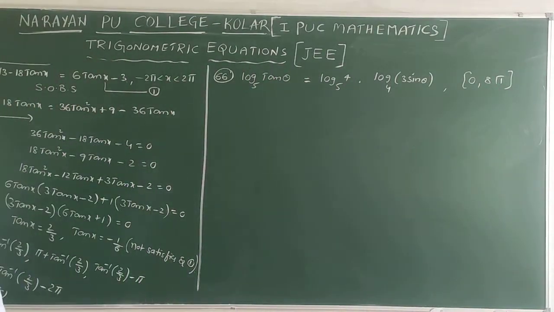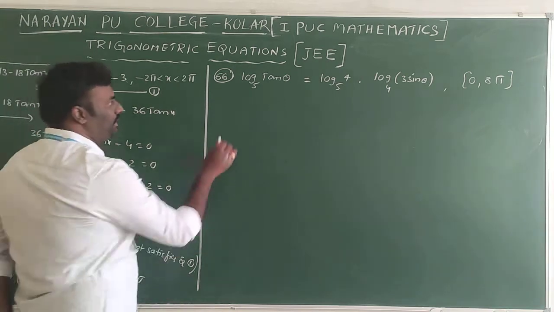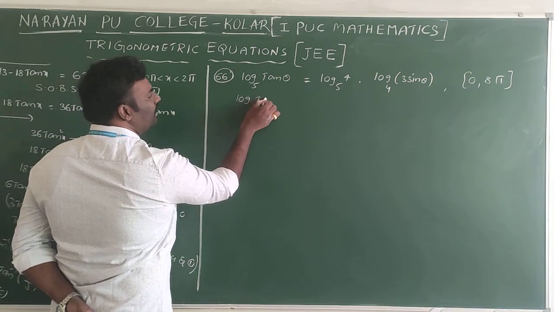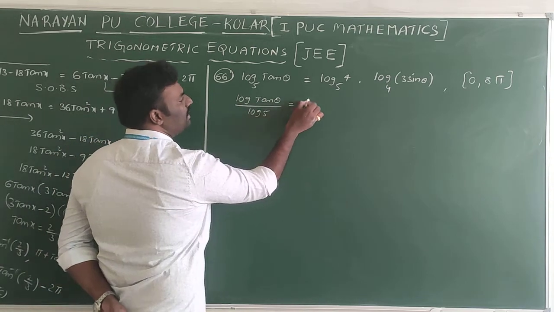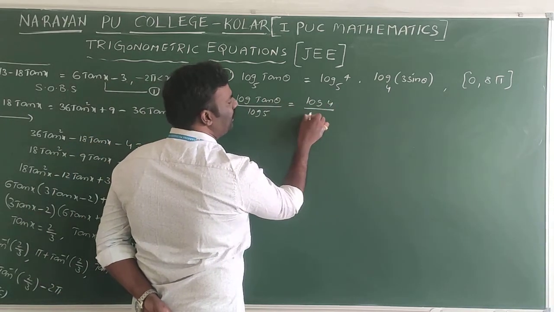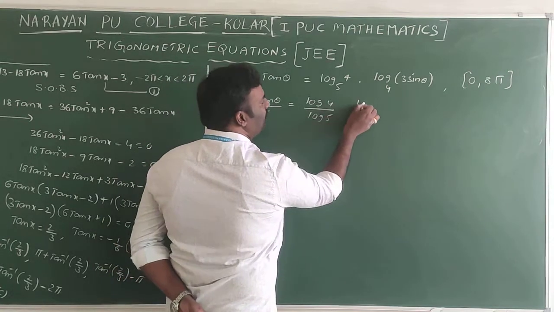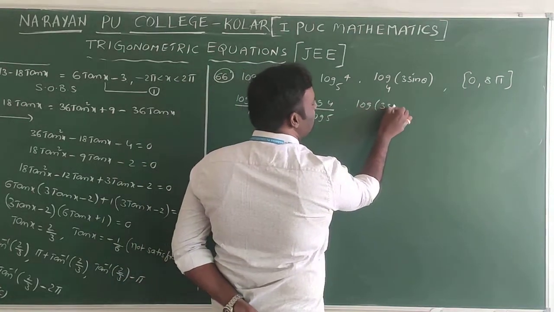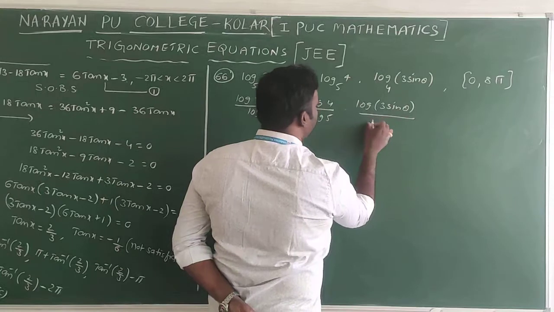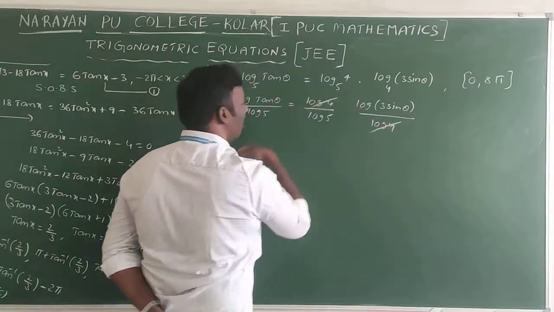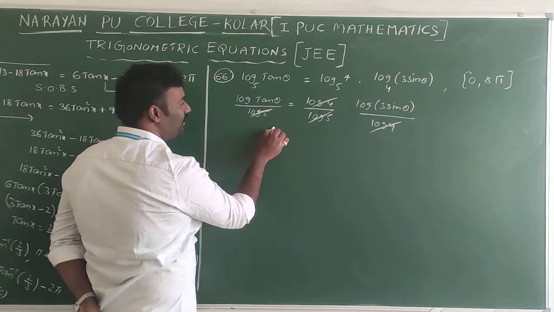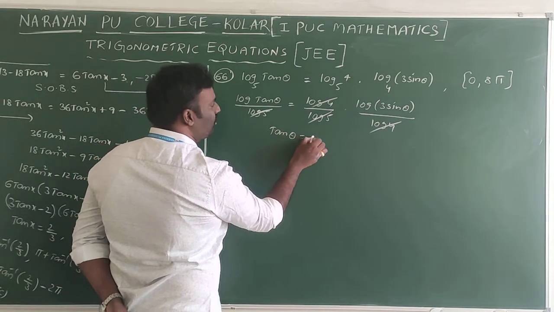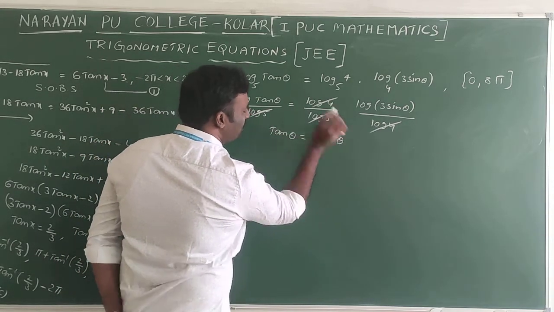Already we discussed starting log a base b. I can write log tan theta by log 5. This is log 4 by log 5. This is log 3 sin theta by log 4. So log 4 cancels, 5 cancels, log cancels. What will you get finally? Tan theta is equal to 3 sin theta you will get.